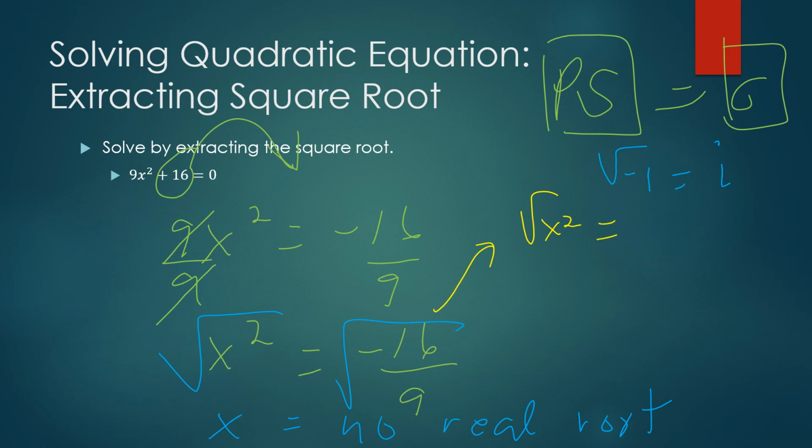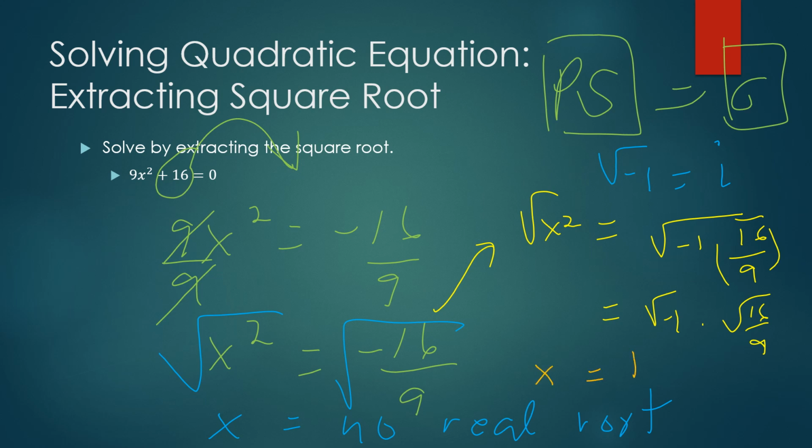So we can factor out negative 1 times 16 over 9, and it's the same as square root of negative 1 times square root of 16 over 9. Therefore, if we take the square root of this, square root of x squared is x equals positive, negative.